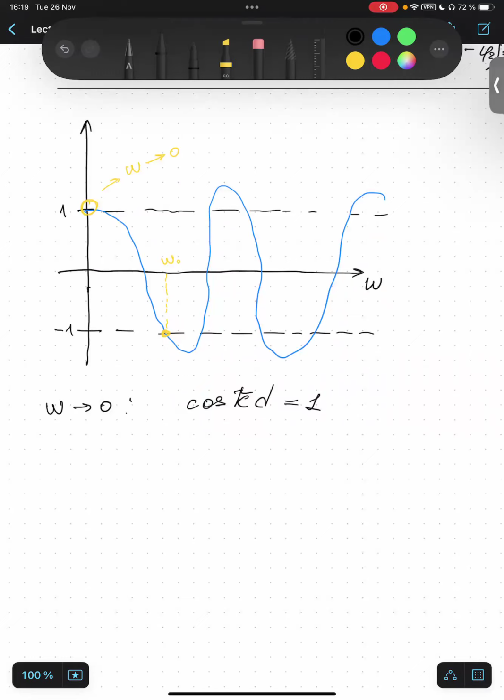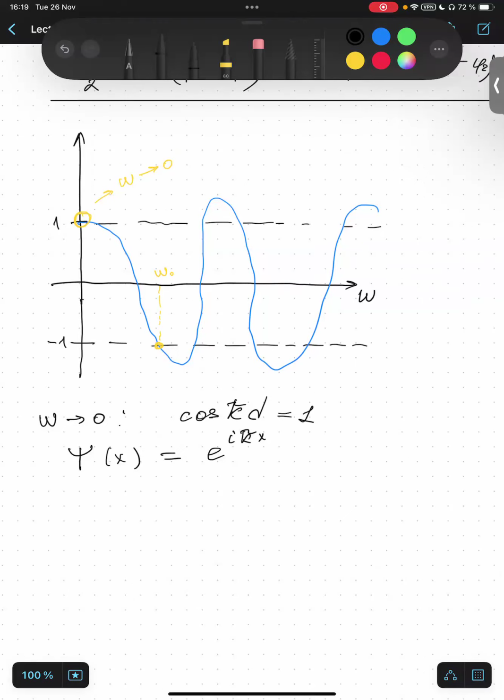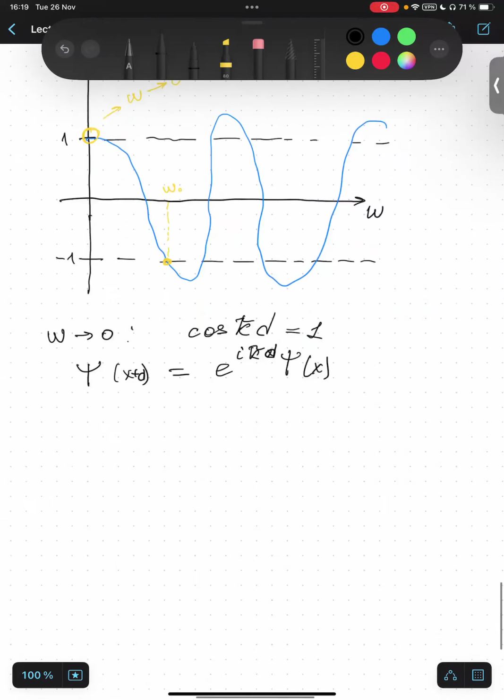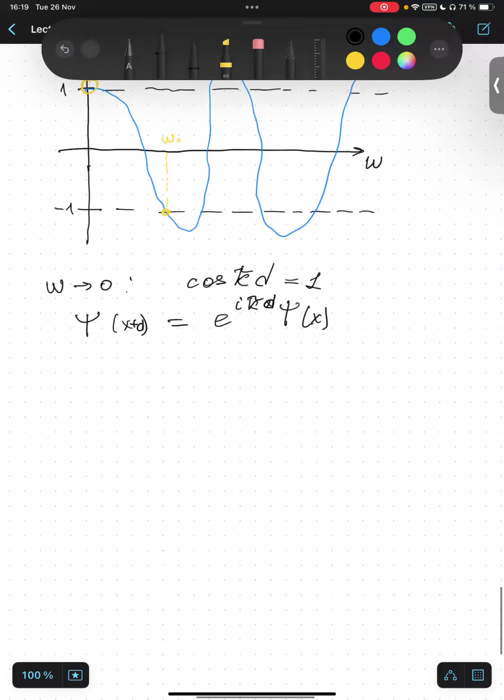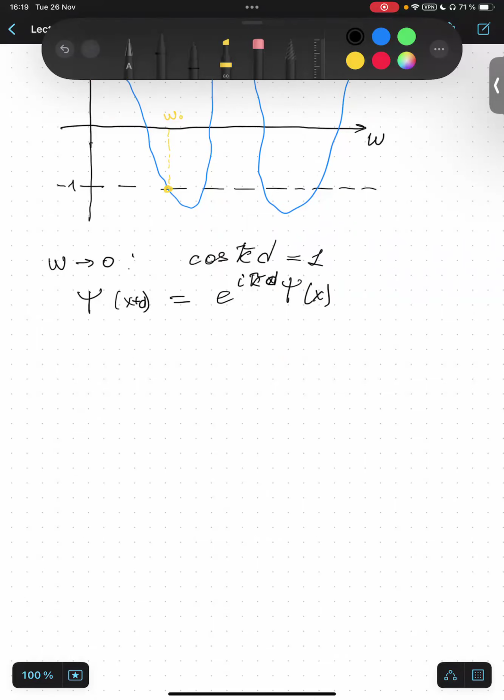Also from the Bloch theorem, you remember that it was something like e to the i k x times a function with some periodicity.